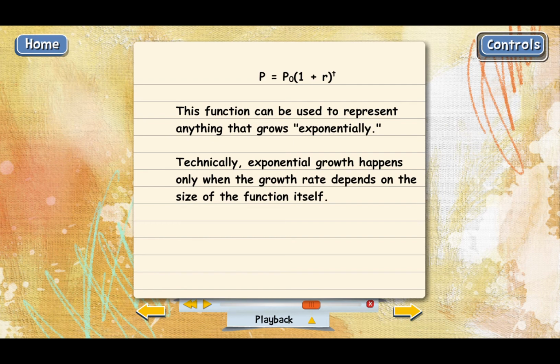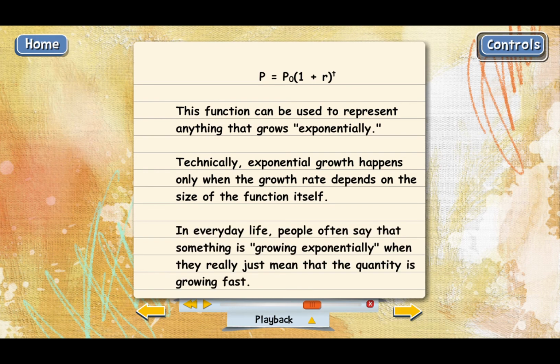Now, in everyday life, people a lot of times say that something is growing exponentially when they really just mean that it's growing fast. It's probably because they just don't know a lot about math and they don't understand the technical definition of exponential growth. But there are a lot of things that grow fast that don't have exponential growth.